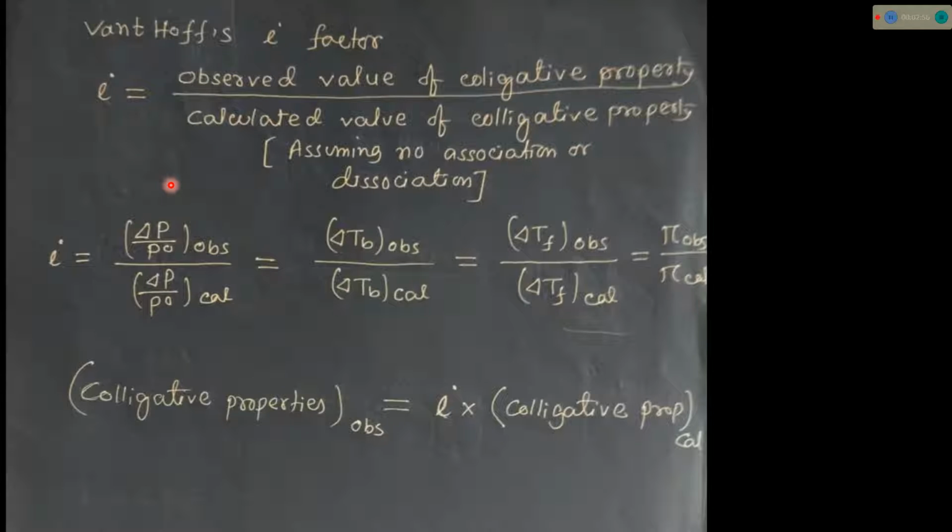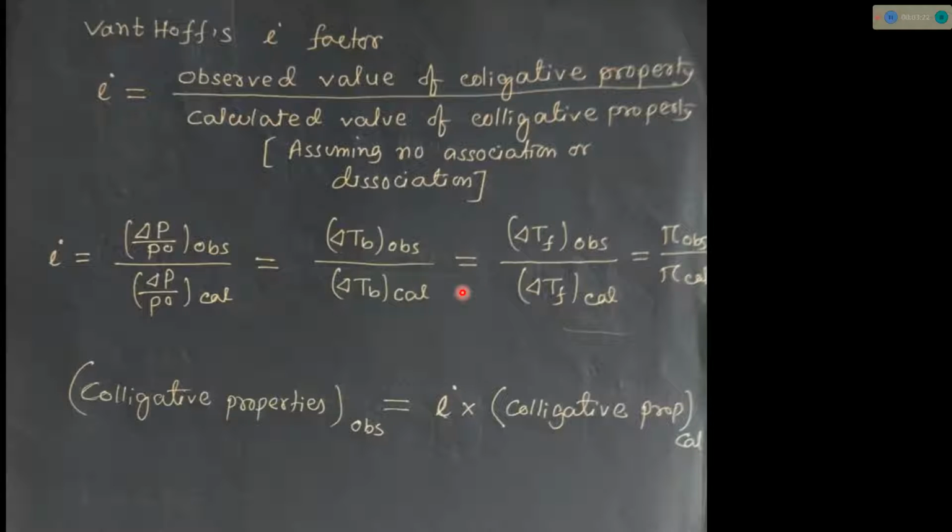So when is it used? Normally, the colligative properties are: relative lowering of vapor pressure, ΔTb the elevation of boiling point, ΔTf the depression of freezing point, and π the osmotic pressure. These four colligative properties have their unique expressions.